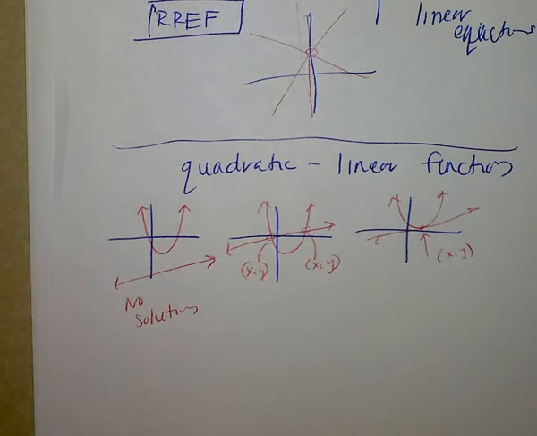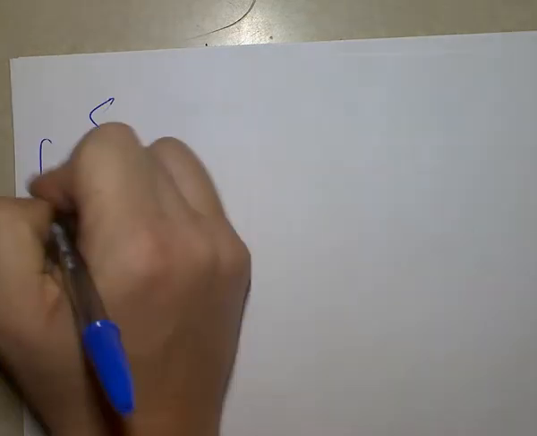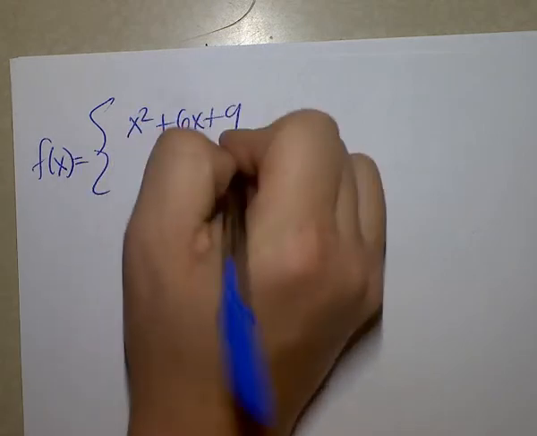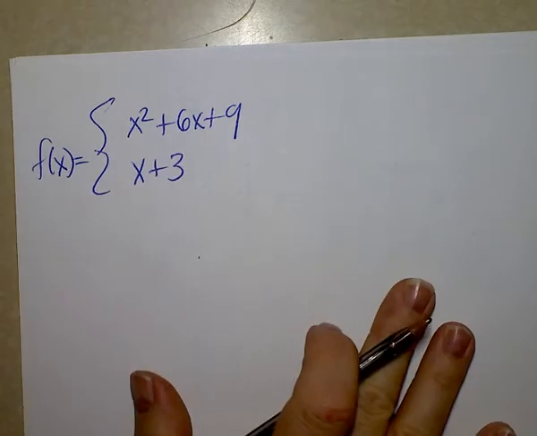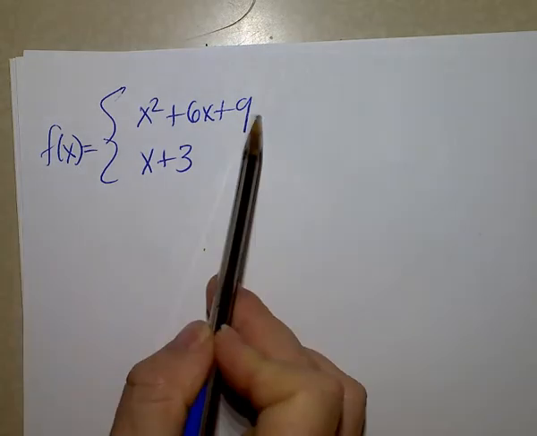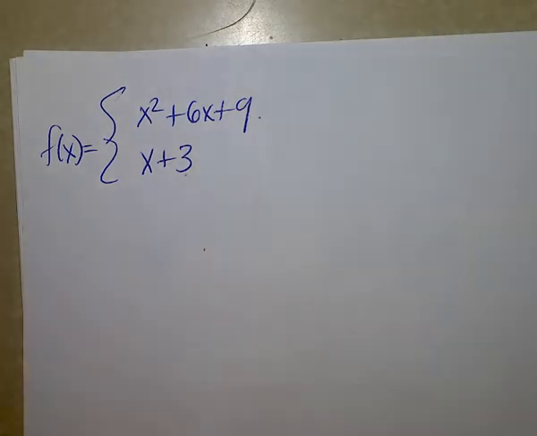Okay, so here's our first problem: x squared plus 6x plus 9 and x plus 3. This is a quadratic, this is linear. And I simply want to know, do they cross, and if so, at what locations, because those are the solutions.